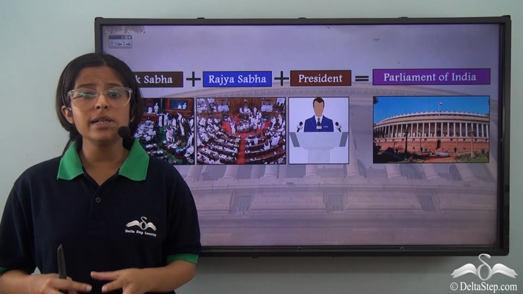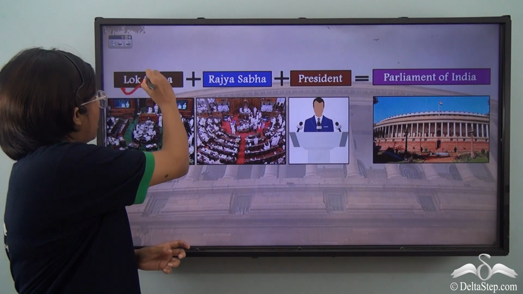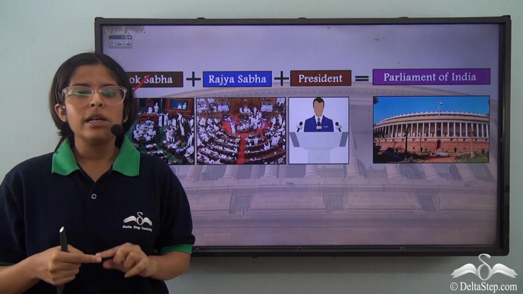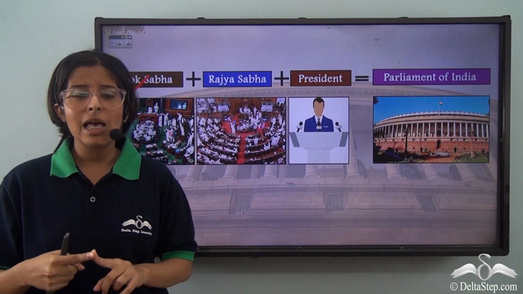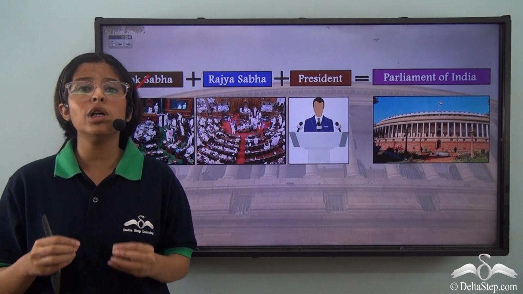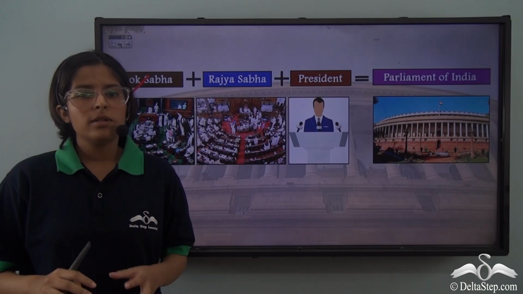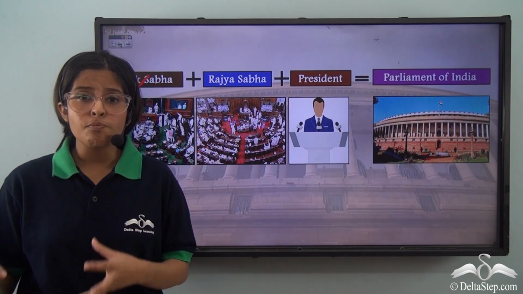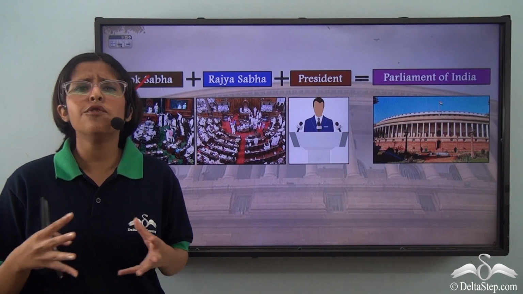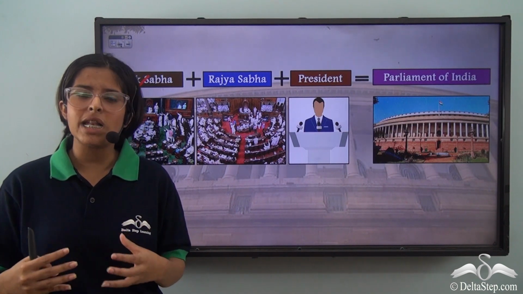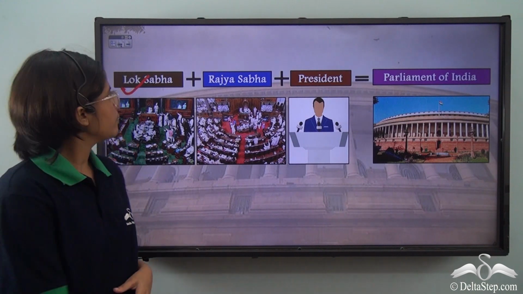The two areas in which the Lok Sabha has more powers than the Rajya Sabha are in the passing of money bills and that the Council of Ministers are responsible to the Lok Sabha only. We've also seen how the Lok Sabha and the Rajya Sabha represent the population of India in very different manners, but they are partners in running the government together.